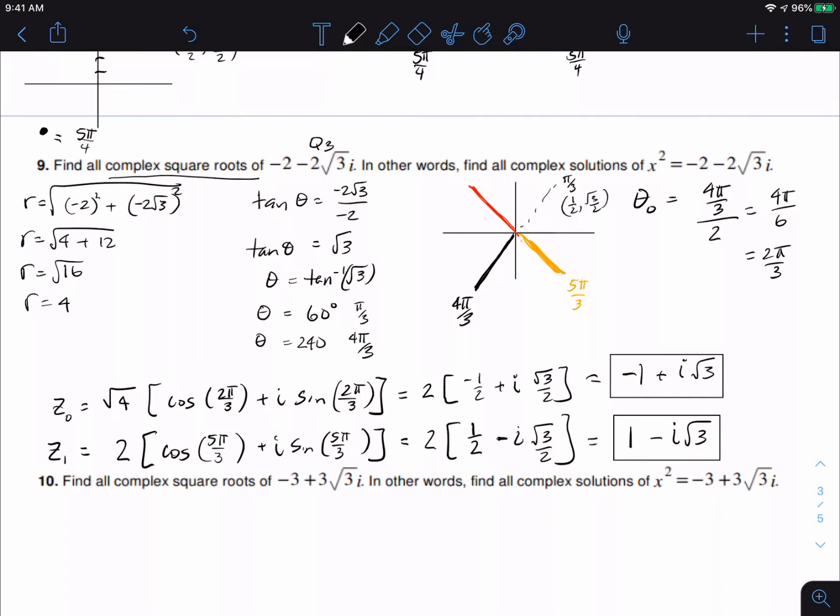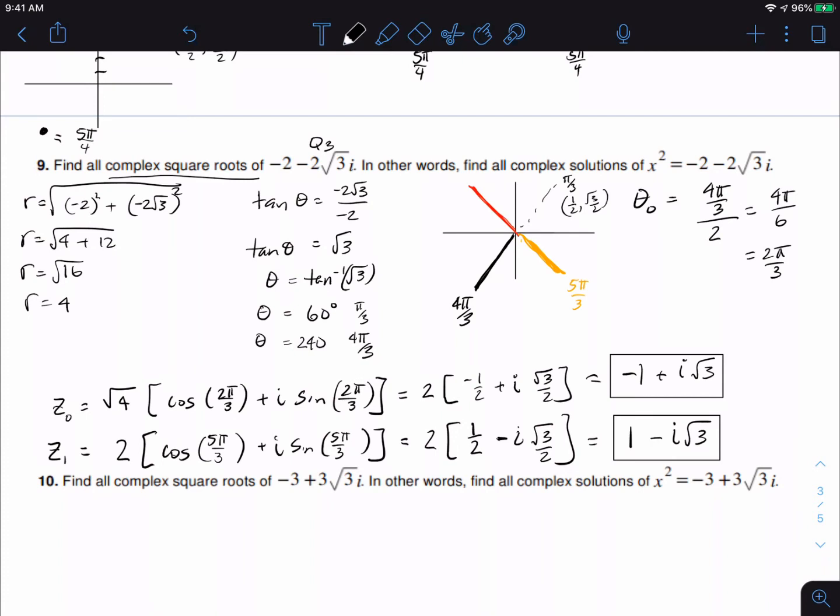If you do not like the way I just did it, you can continue to use the formula. But I think this is more getting you to understand what's going on with the solutions and how you're rotating around in the complex plane. Okay, good.